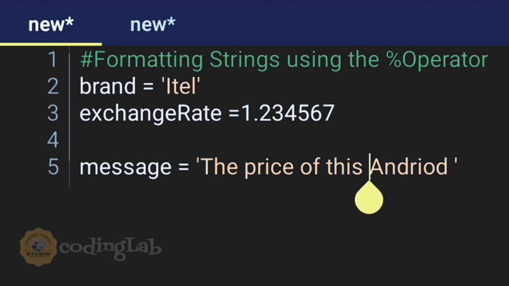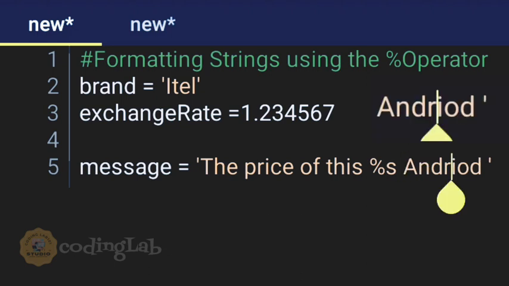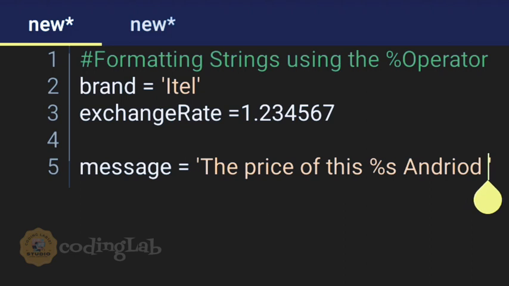Let's put it here so that it will read the price of this item 100. I will not write phone, to make it snappy. Now let's put percentage and s, then a space. Then percentage again, d. The d is going to be replaced with an integer, and d is short for integer.